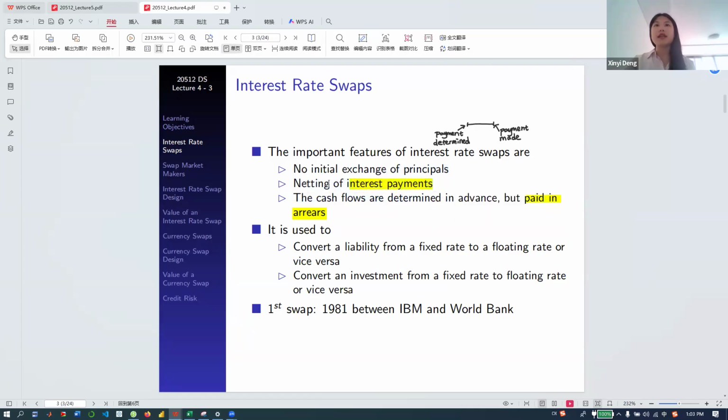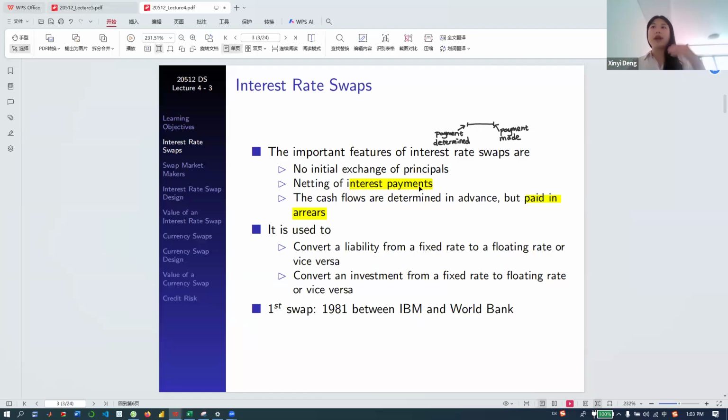And we also have this idea of netting. Instead of paying those interest payments in full, we actually only pay the difference. If your interest payment is lower and the other party's interest payment is higher, you are going to receive the positive difference.